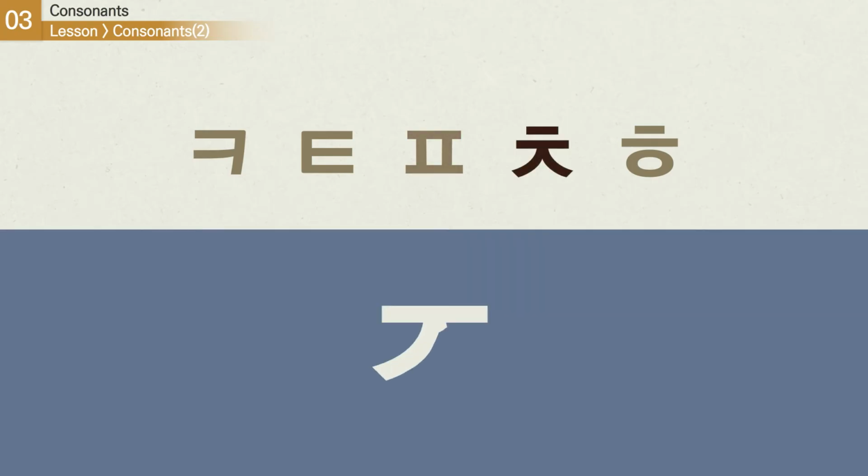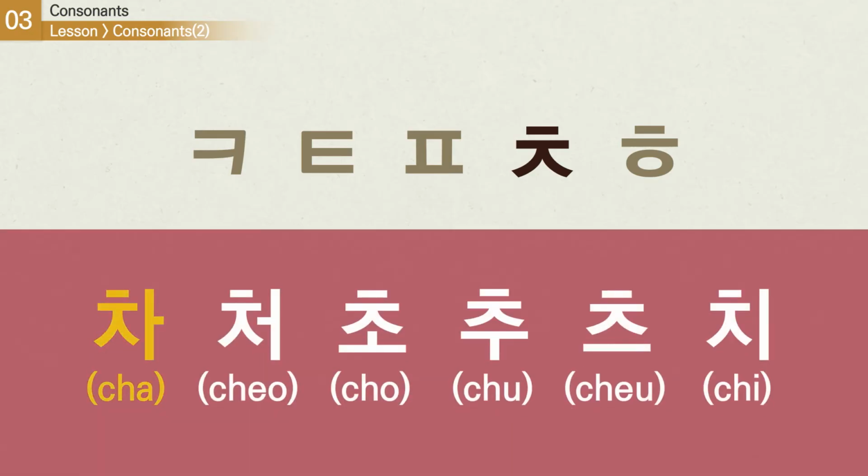Tiat is made by adding an extra stroke to the top of tiut. It also requires you to push more air out, making a stronger sound. Listen carefully. 차, 쳐, 초, 추, 츠, 치.